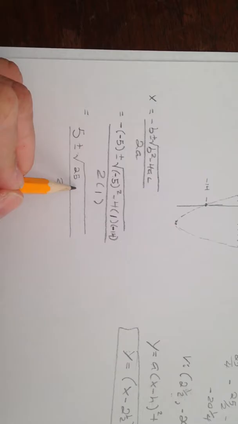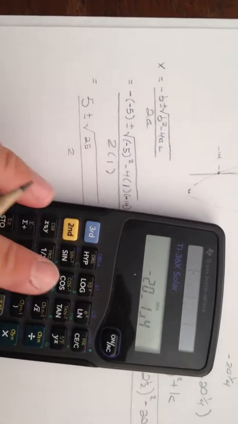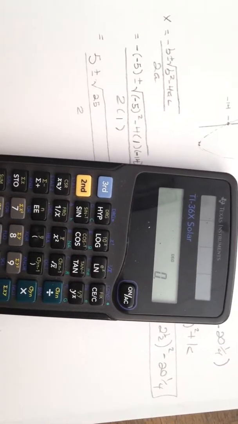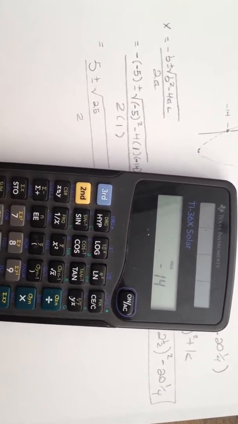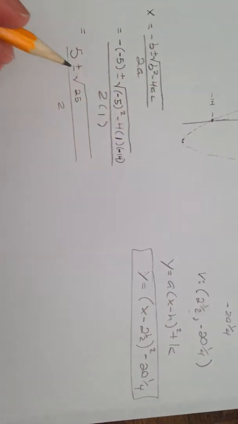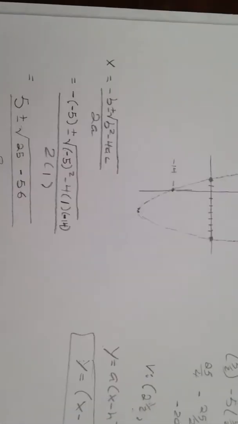Right here I have negative 4 times 1 times negative 14. So here you go. Negative 4 times 1 times negative 14 is 56. Oh, are you serious? Is this not going to be nice to me?